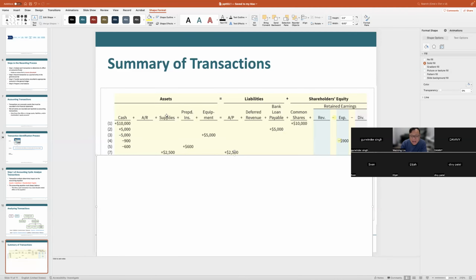For example, at UFL, we have lots of supplies. We have supplies of paper, markers, erasers, pencils, pens, exam papers, right? I can just go there, take them to use for the class. So those are the supplies. So the supply increased 2,500, accounts payable increased 2,500.